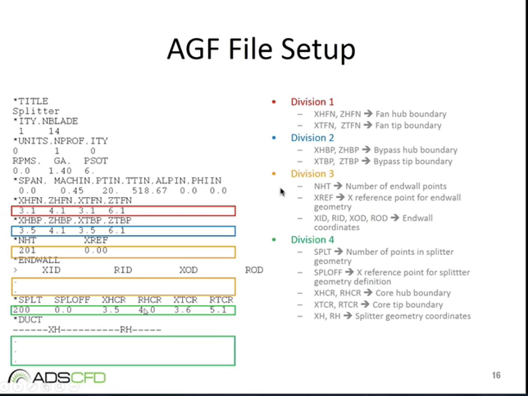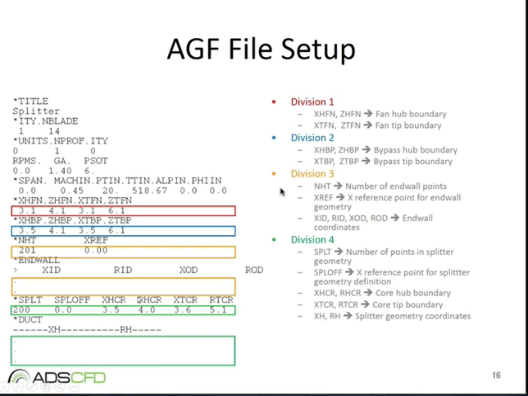The next line is where we begin to enter our split flow definition. Again, we start with the number of points in our split flow definition, followed by our x offset. After that, we enter our core interface location.